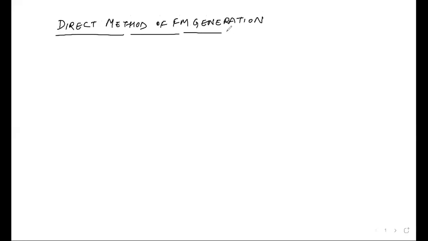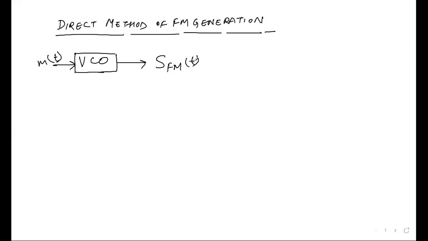In this method, the voltage controlled oscillator VCO was used, and in this VCO the message signal m(t) is applied, and we have got the FM signal, as FM of t, where this VCO, voltage controlled oscillator, may be a Hartley oscillator.